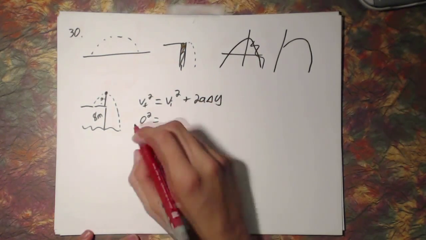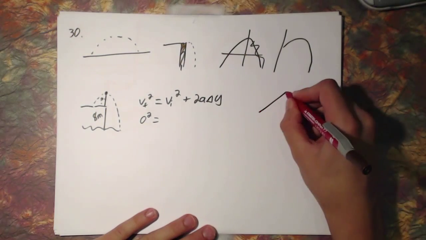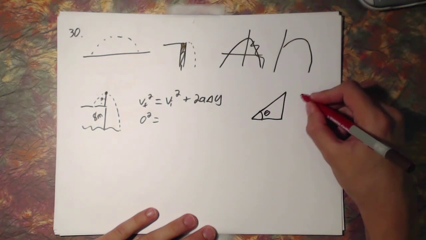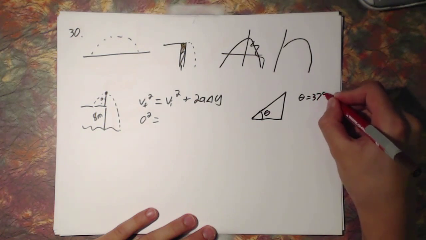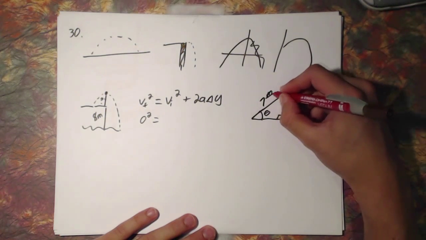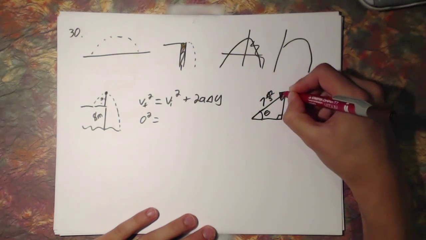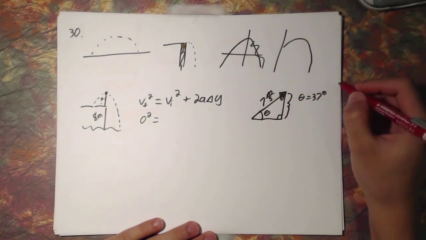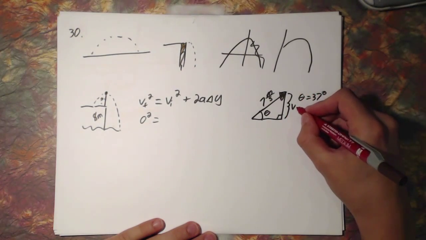To calculate our v initial, draw a triangle with our angle and the magnitude. Right now we need to calculate the vertical component, or our y velocity.